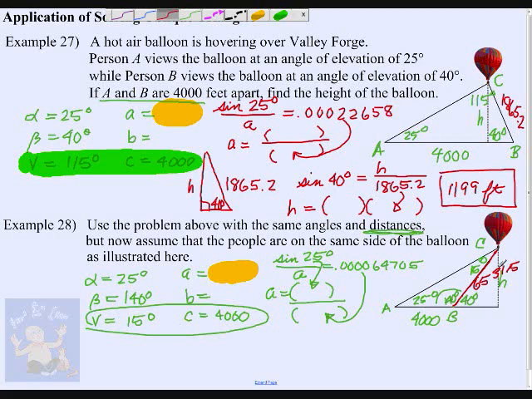Now we're going to find the height, and we're going to use right triangle trig here. We want to know this side opposite to 40 degrees, and we have the hypotenuse, so we're going to use sine. Sine of 40 degrees equals the opposite side, which is the one we're interested in finding, divided by the hypotenuse, which we just calculated.